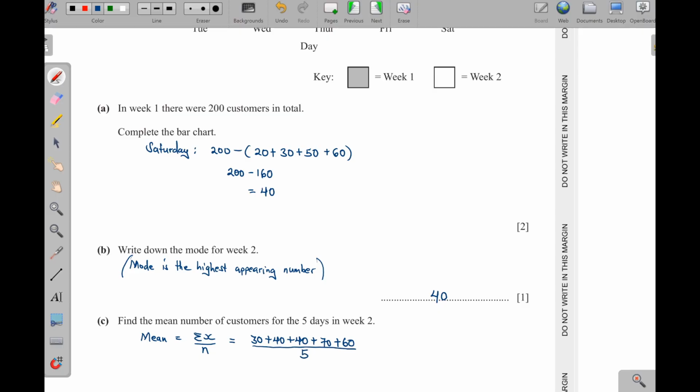They are 5. Now 60 plus 40, that's 100. 70 plus 30, that's another 100, so that is 200. Then plus 40, 200 and 40, so we have 240, then divide by 5.